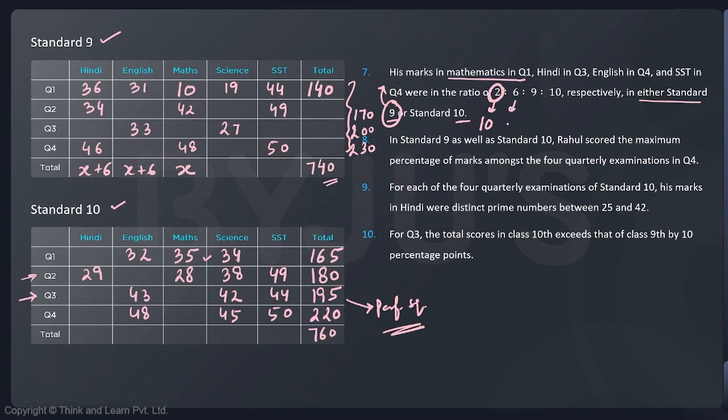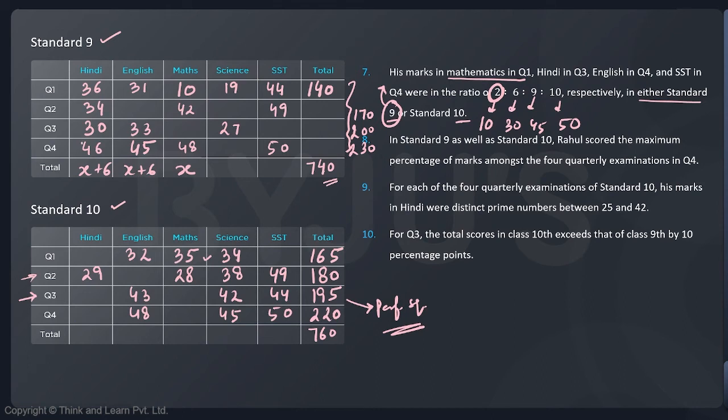So this score should be 30, this score should be 45 and this score should be 50. So his marks in Hindi in quarter 3 should be 30, English in quarter 4 should be 45, and SST in quarter 4 should be 50. SST in quarter 4 we already know.